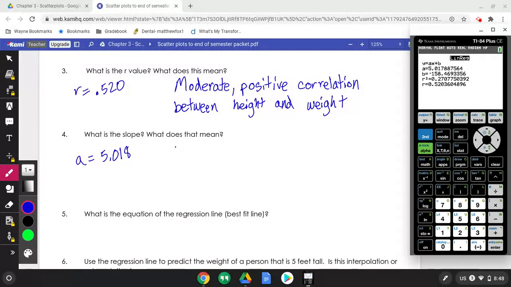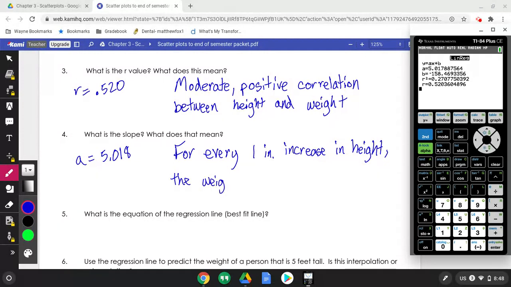So for every 1 inch increase in height, the weight increases by 5.018 pounds.